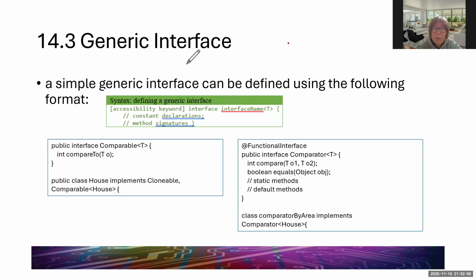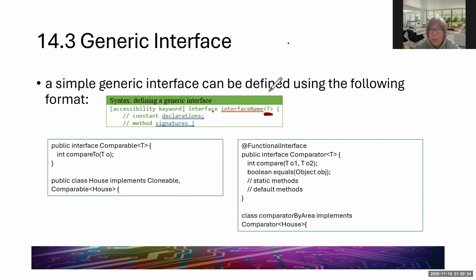Okay, and so a class can have generics, and similarly for an interface, we can also define a generic interface. It's just the accessibility, followed by the keyword interface and the interface name, and then you have the type parameter.